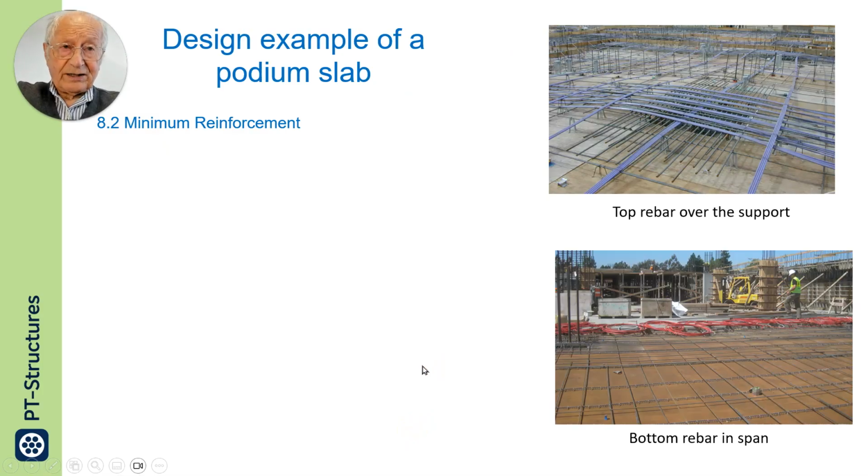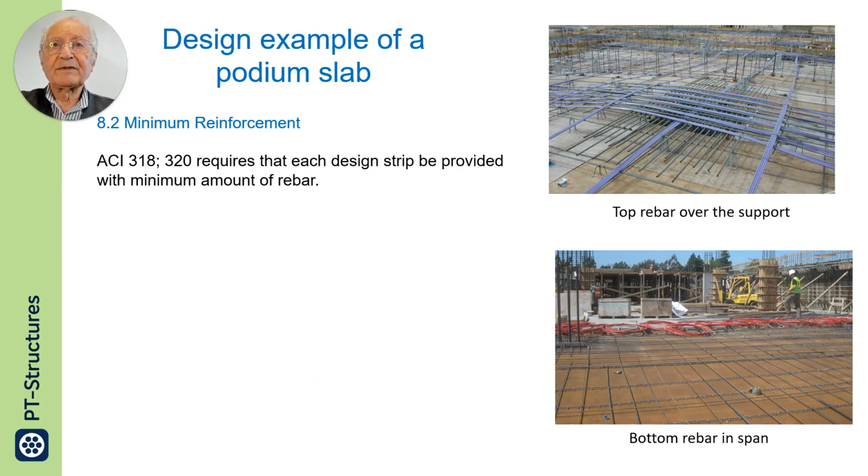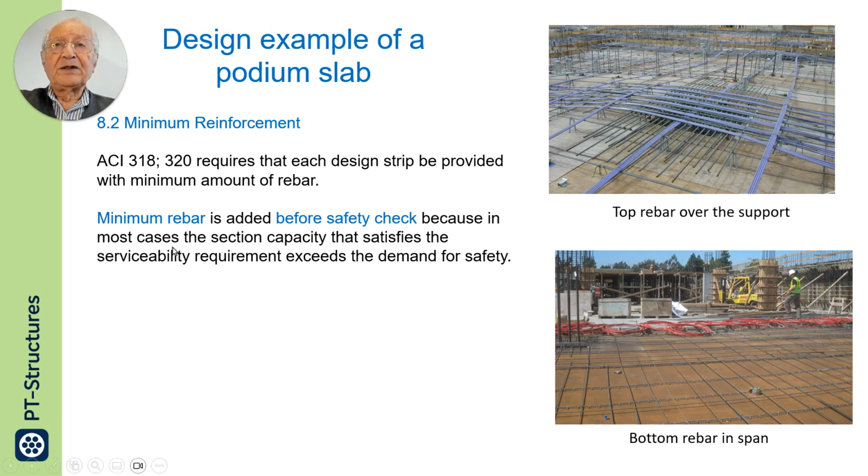Once we check the stresses and find it acceptable, we go to minimum reinforcement. ACI requires that irrespective of other conditions and other values, you must provide a minimum amount of reinforcement. The minimum rebar is added to our design before safety check. Why?